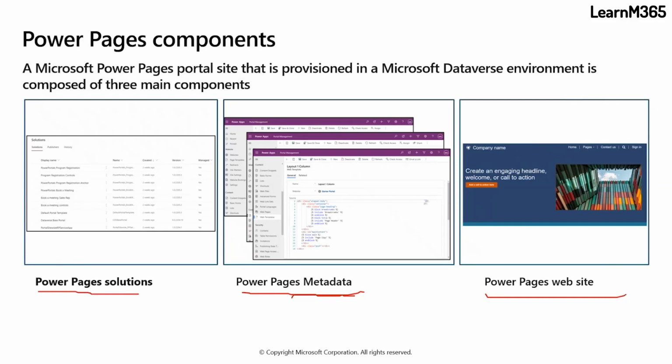I hope you remember when I was talking about creation step, we were talking about the web URL. So the web app is not customizable. However, portal administrators have a number of configuration options available to them. For example, they can configure the portal web app to capture the detailed diagnostic logs for troubleshooting purpose. So these are the components of Power Pages.